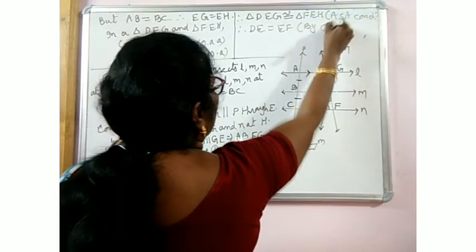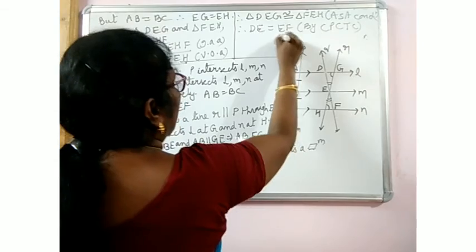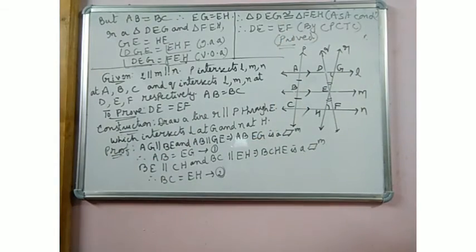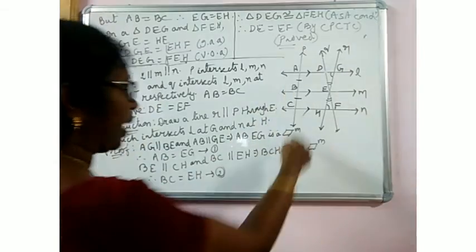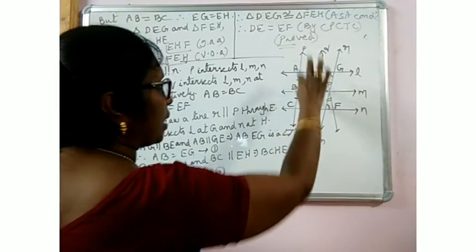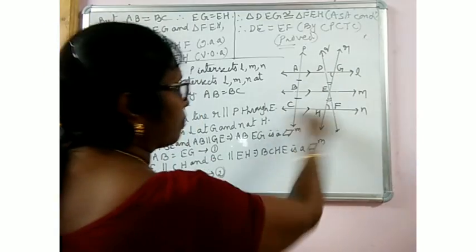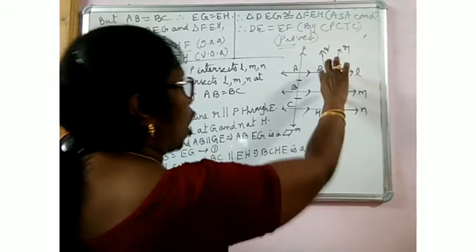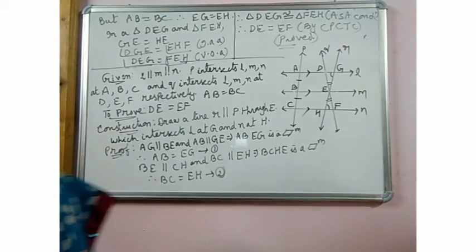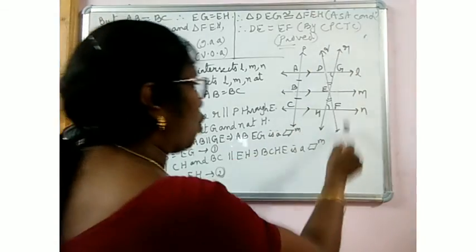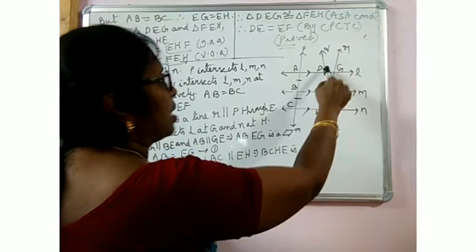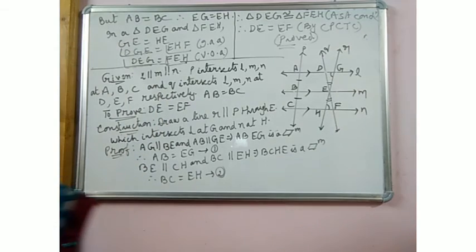That is what we had to prove, and it is proved. So that means if P makes equal intercepts on three or more parallel lines, any other transversal also makes equal intercepts. In this case, Q also makes equal intercepts on these three lines, that is DE is equal to EF, and the theorem is proved.